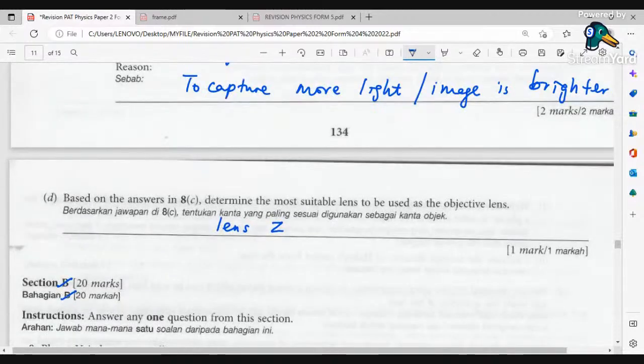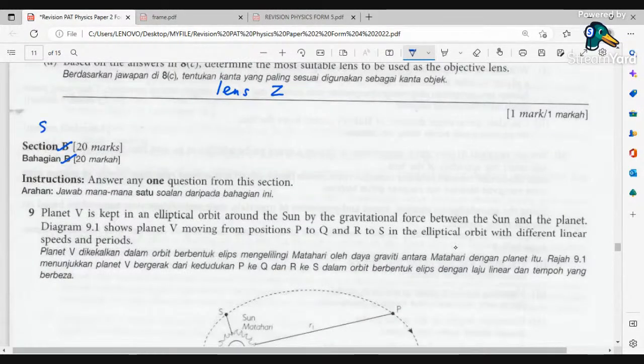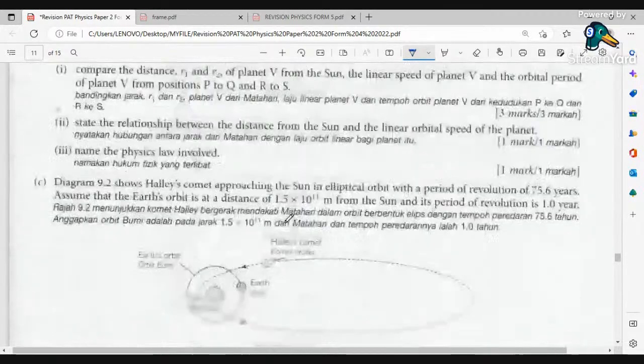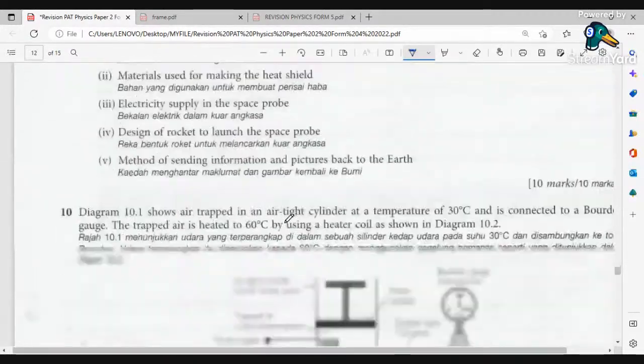For KSSM, this one will be section C. Section C, 20 marks. For section C, you are given only one question, maybe from form 4 or maybe from form 5. Okay, so no choice, you have to answer this section C question. For this question, I will discuss one question only.